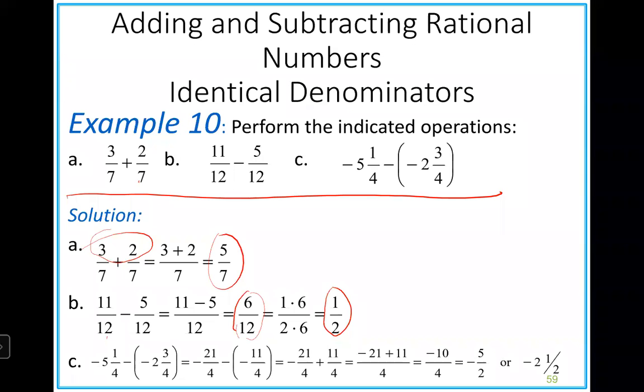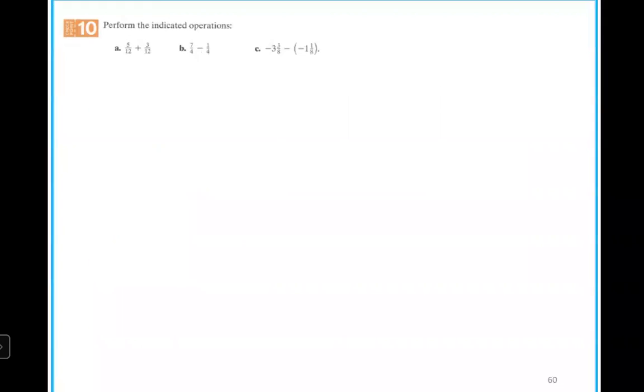And because they have the same denominator, all we do is deal with the numerators, add or subtract as the case may be. So you have negative 21 plus 11. Okay, that gives you negative 10 over 4, which works out to negative 2 1/2. Okay. So once they have the same denominator, we don't have to do any conversion. We simply just add the numerators.